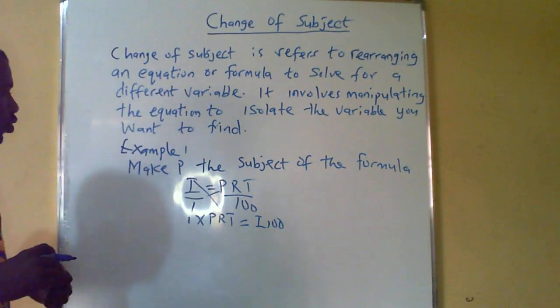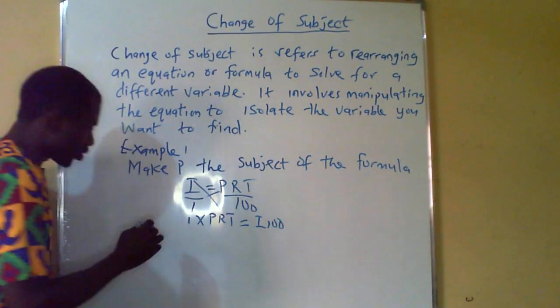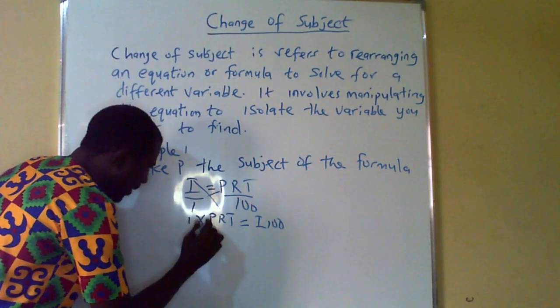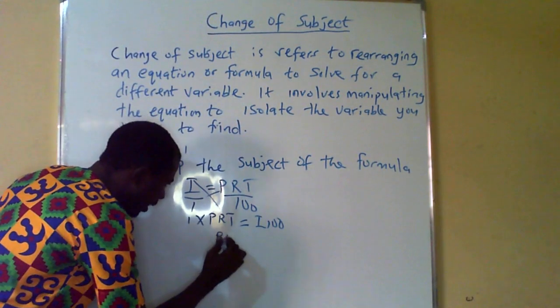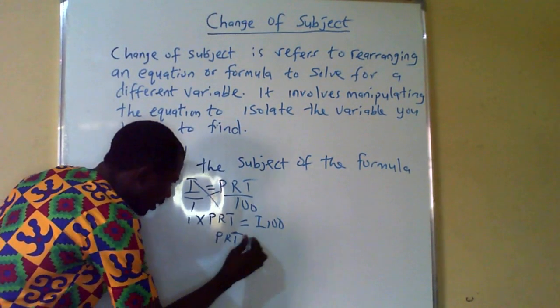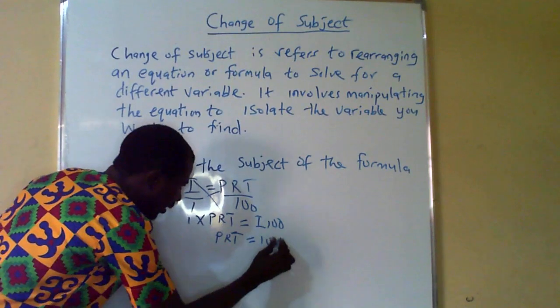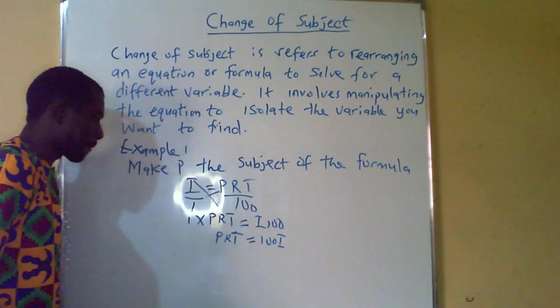Now the next thing to do, remember we are looking for P. So 1 times PRT will give us PRT equals 100I.